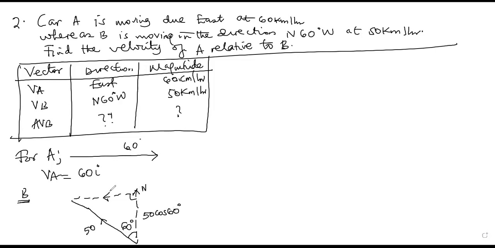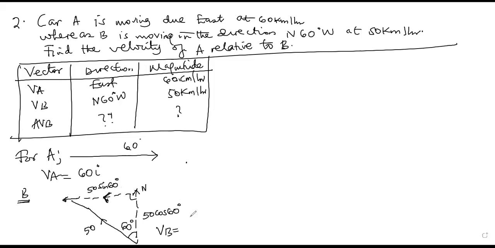And this will be 50 sine 60 degrees. I'm going to give you an alternative of this diagram because one can even use a 30 to resolve this component. So it would mean that the velocity of B is equal to, for this case, this one being in the negative i, this will be the i side.